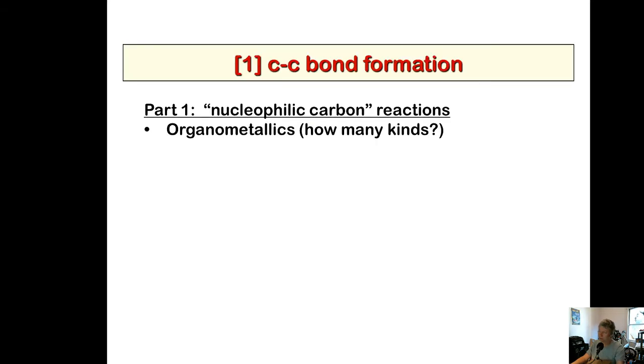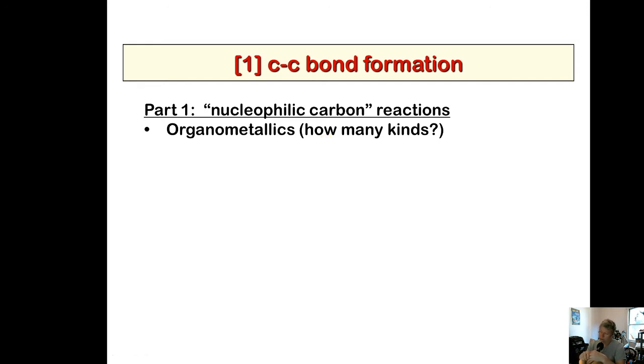Okay, so CC bond formation. Where do we start? The first thing we're going to talk about are nucleophilic carbon reactions. So organometallic reagents. How many different kinds of organometallic reagents do you know? What metals are there?